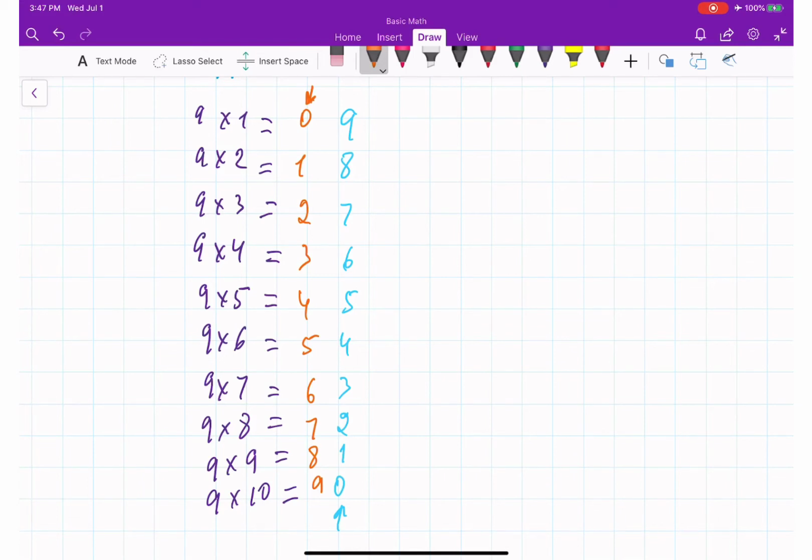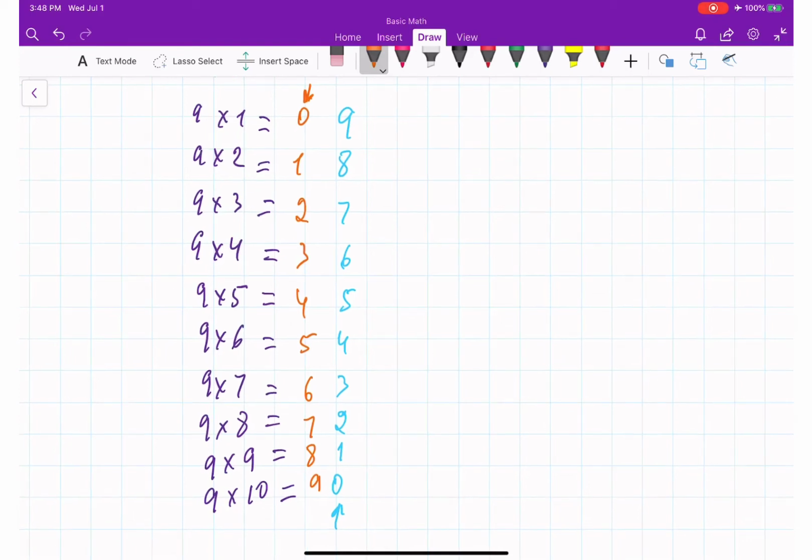Okay, moving to multiplication of 2-digit numbers. Let's say we have 91 times 92.